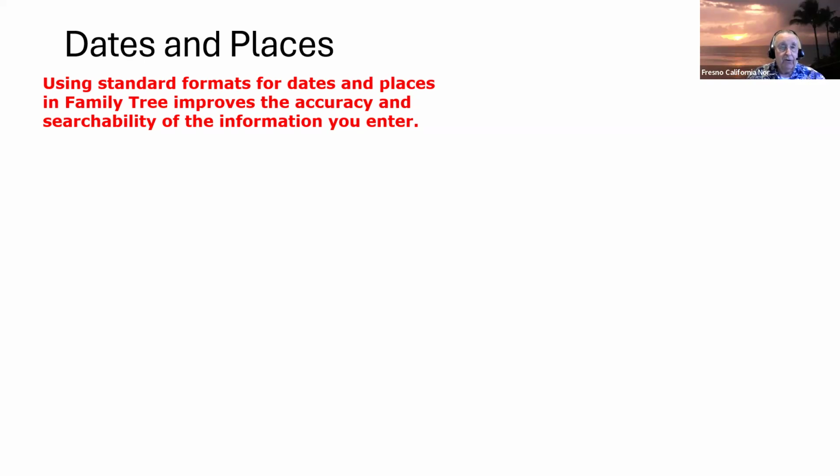When things are standardized, it searches much better for the people or records we're looking for, because the standardized forms of dates and places are easier for the computer to understand. That's why we want to fix them. If they're not standardized, there's usually a message saying you need to standardize a birth date or a death place, and that's a good cleanup chore for someone that doesn't really want to do research.